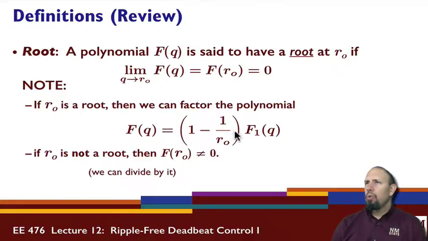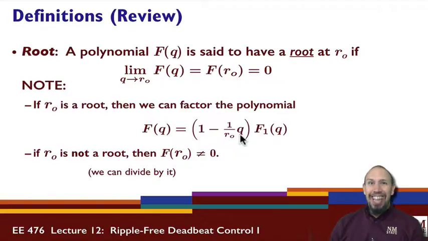That should say q there. So this is now a function of q, and if q is equal to R0, this term is 0. And so that's the important thing here: if we have a root at R0, then we can factor that term out of the polynomial.